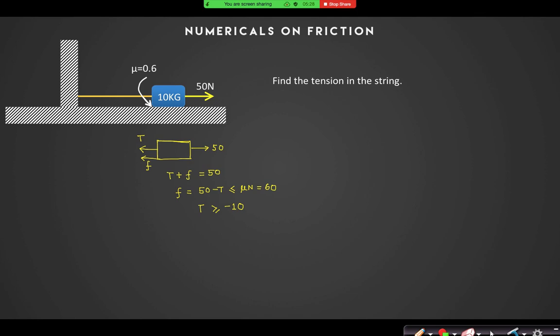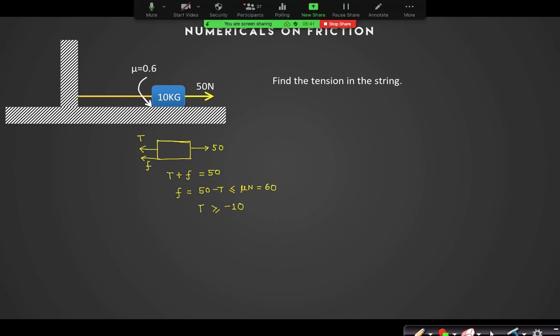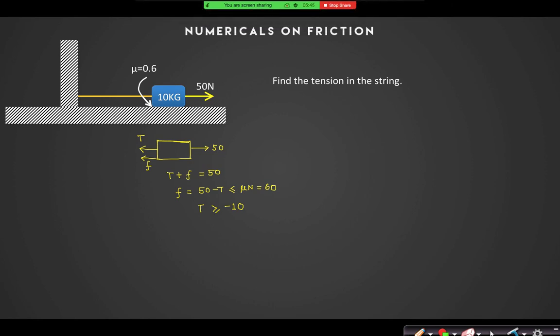Have you understood the logic behind that? Tension starts from 0, and if at some particular point it satisfies all the conditions given in your question, then why would I extend the tension to be greater than that? So from the range we have got, we always take the minimum value of that range to be the tension. Understood?